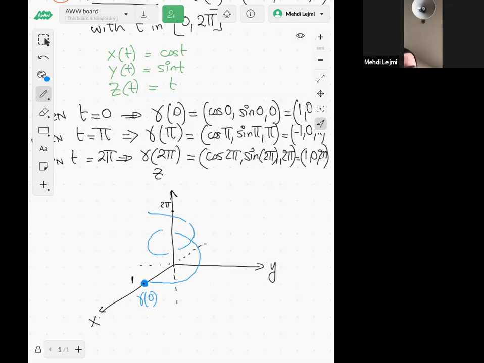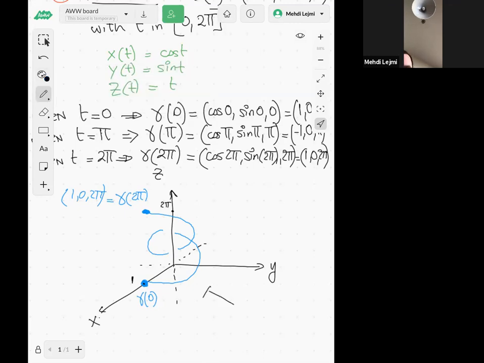All right. So this point here, let's say this is gamma of 2 pi, which is (1, 0, 2 pi). Okay. So this would be my helix.